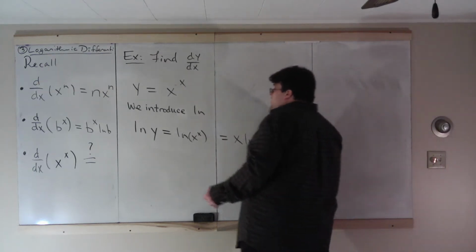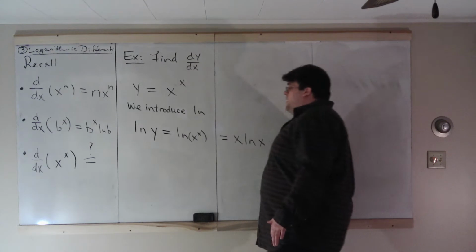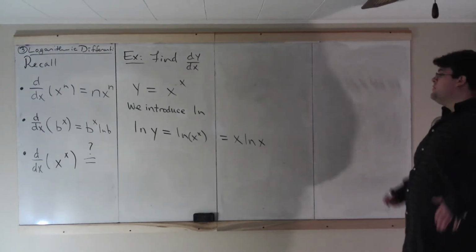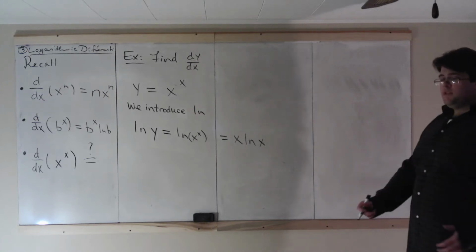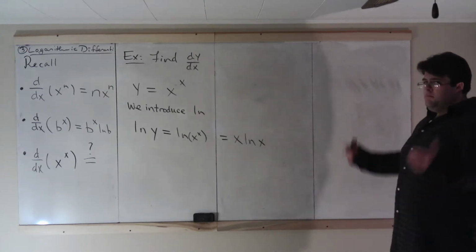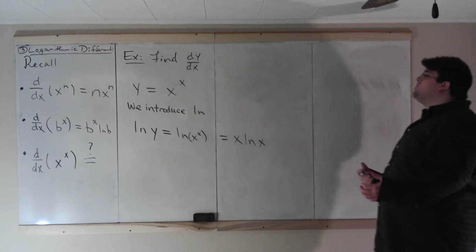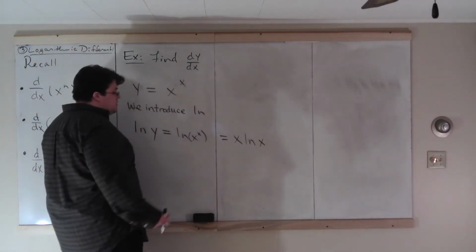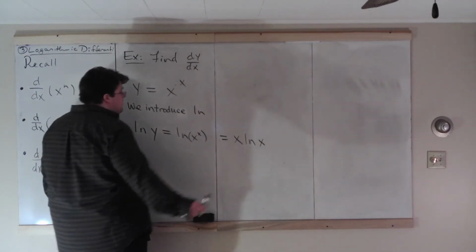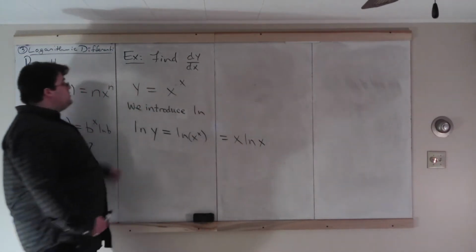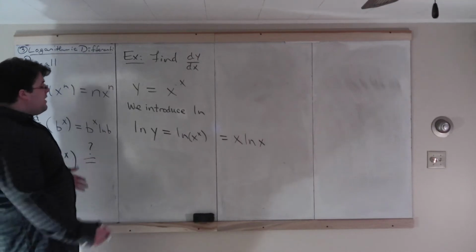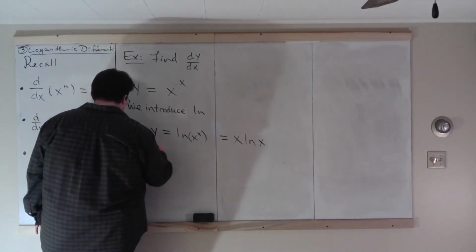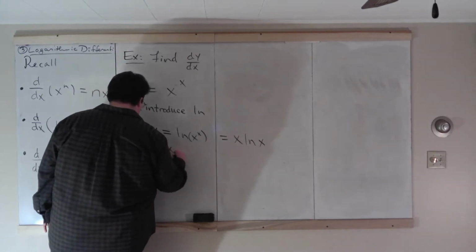On the left side, we have log y. So right here, by introducing a logarithm, we've defined y implicitly in terms of x. And in doing so, we can now take the derivative because this is a product. We couldn't take the derivative up here, but now we can. So I'll say differentiate with respect to x.